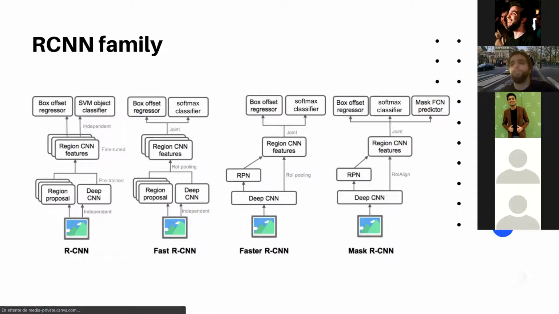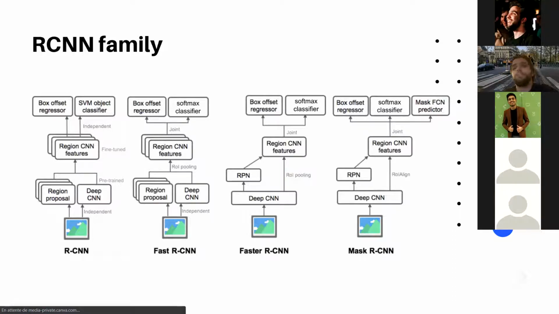In this output feature map, we're going to have a feature map with the same size as the original image. And each pixel in that feature map will contain the class of that pixel in the original image.